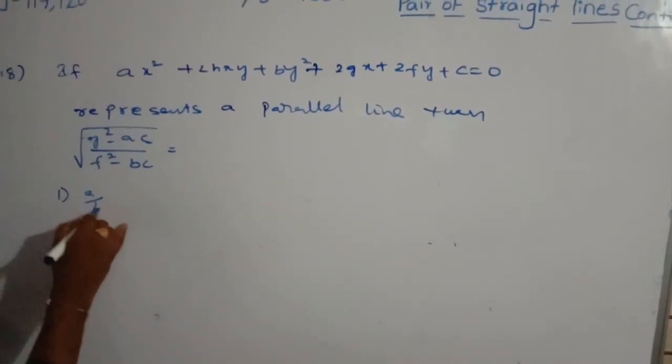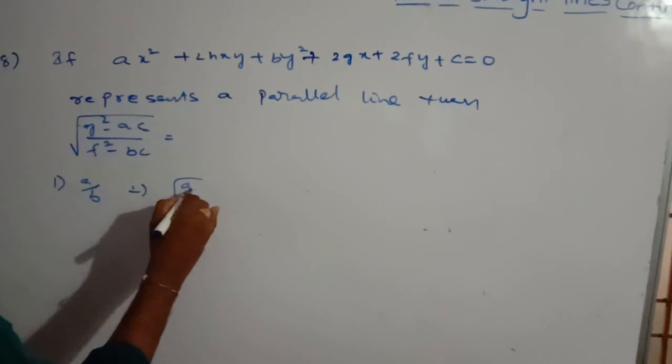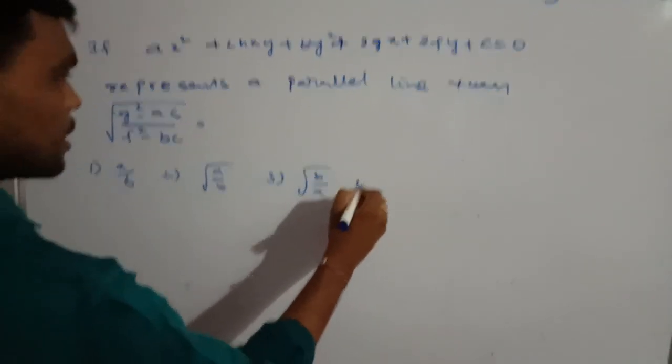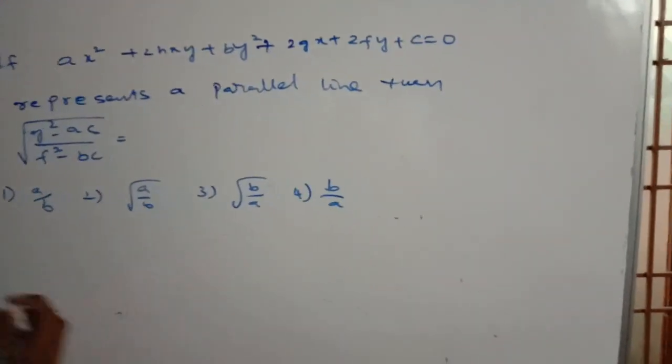Now the first option is a by b, second option is root a by b, the third option is root b by a, and the fourth option is b by a.